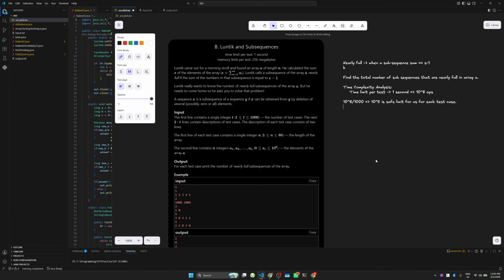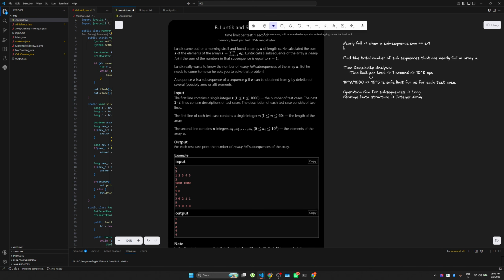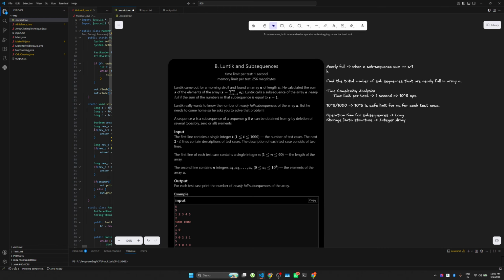We'll need to store the sum in a long, but we can keep the elements in a normal integer array, while the operations for the sum of subsequences would be in long. That's how it is.